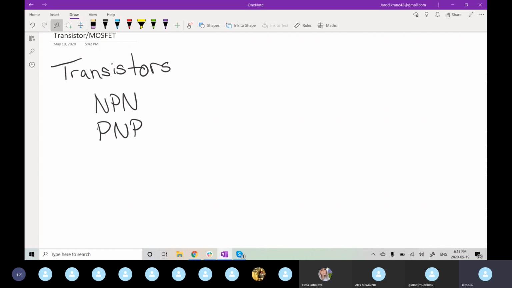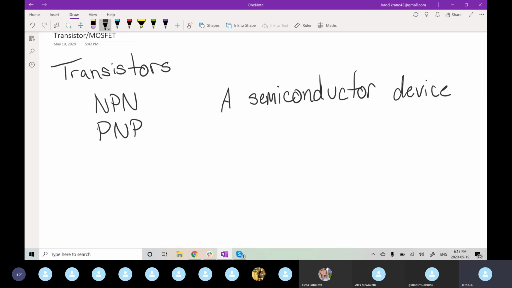transistor, off the bat, it's a semiconductor device. And it's typically used for switching and for amplification, or amplification, I guess it is the better.